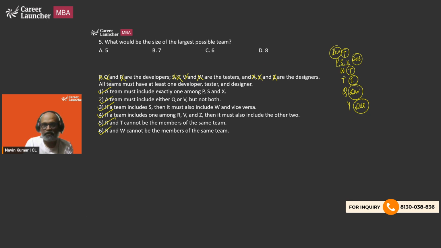So we have a total of 3 plus 4, 7. The largest possibility we can have is 7. There is one option which says 8, which is going to be tricky because it plays with our mind that maybe there is a team formation wherein 8 people can be accommodated.